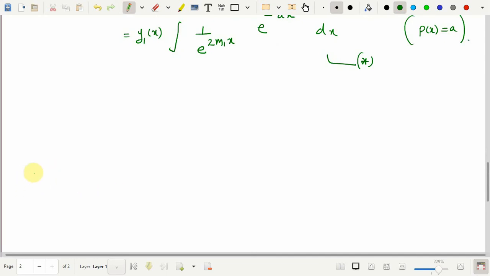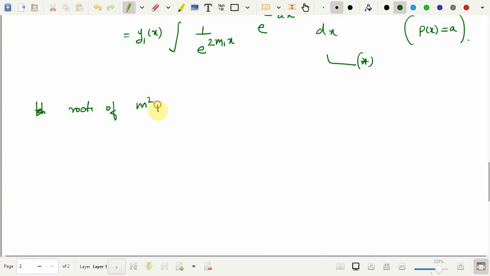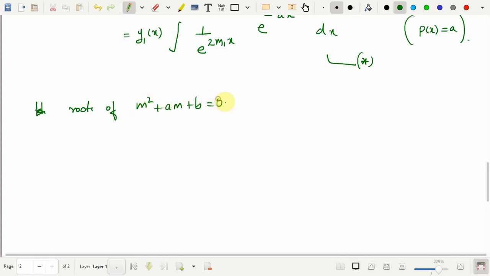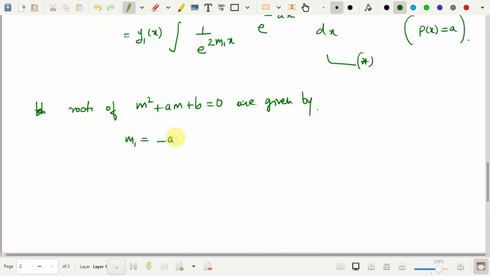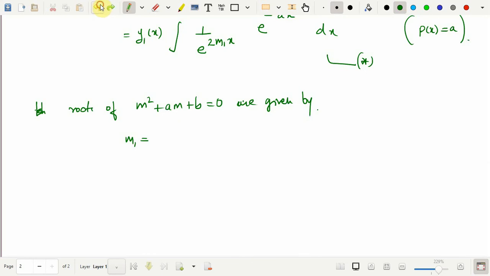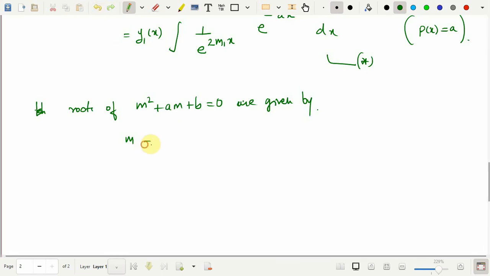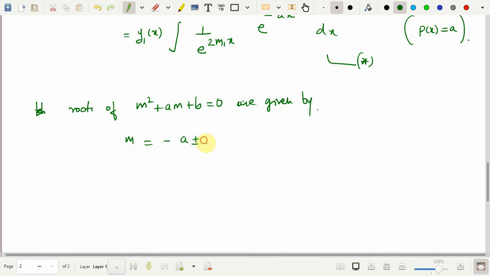The roots of m square plus am plus b is equal to 0 are given by this formula, m is equal to minus a plus or minus root of, in this case my a is equal to 2 and b is equal to a.